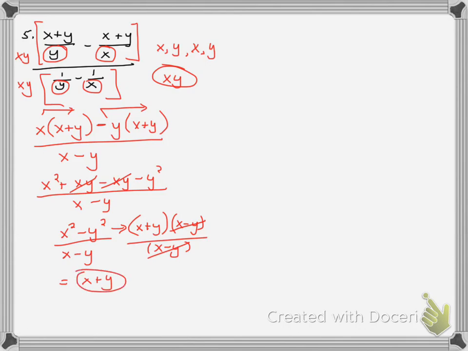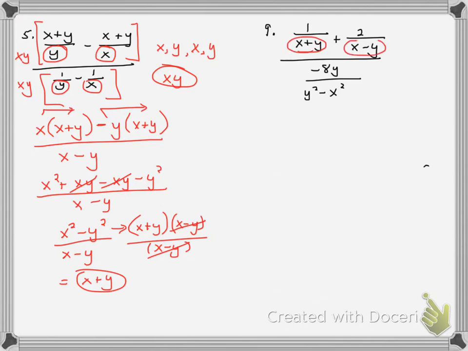Let's do another. Now recall that to identify a least common denominator, first off, there's my denominator, there's a denominator, and here's a denominator. But I'm going to have to always simplify these. Now, these are x plus y and x minus y, so I really want my x first.